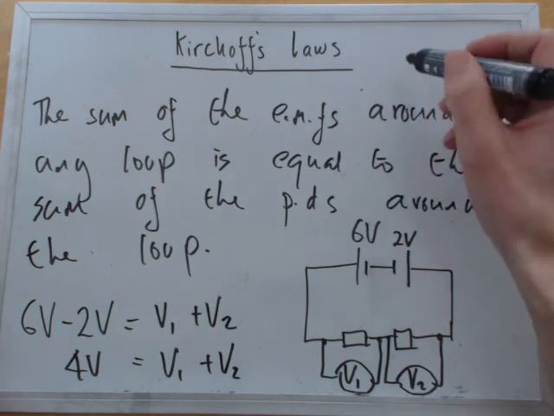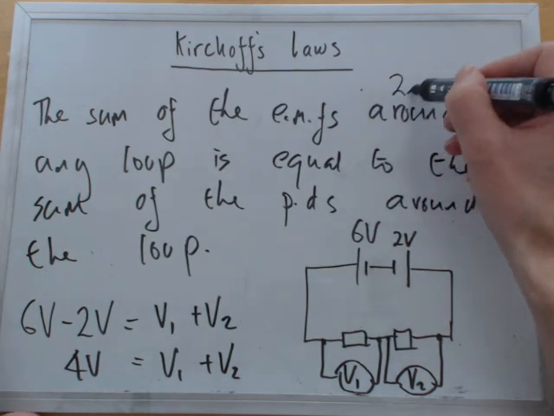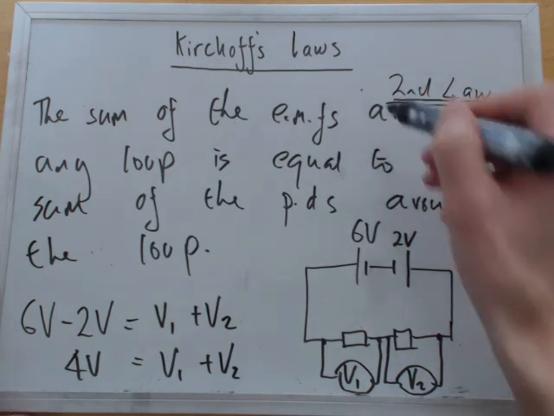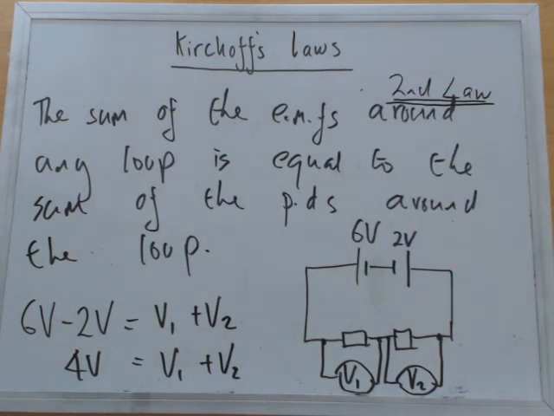So I'll write above here, this is second law. And the second law is often related to the conservation of energy, because whereas the first law is regarding the conservation of charge, the second law is due to EMFs, and EMFs are related to the voltage, and voltage is energy per coulomb, so it's related to coulomb.